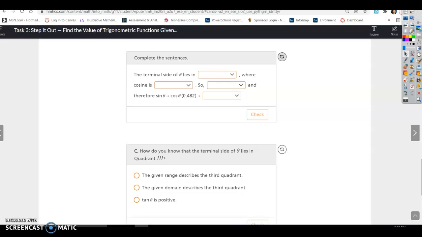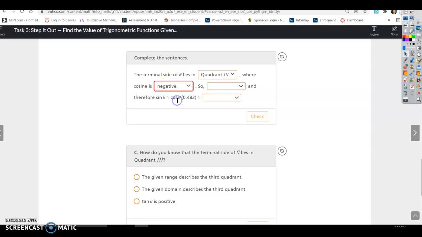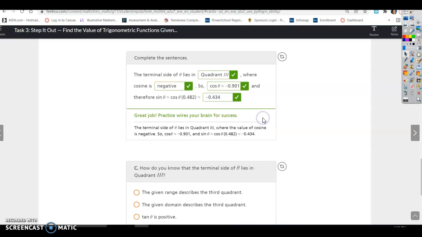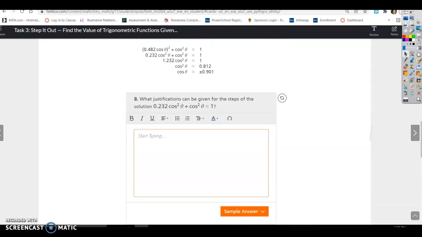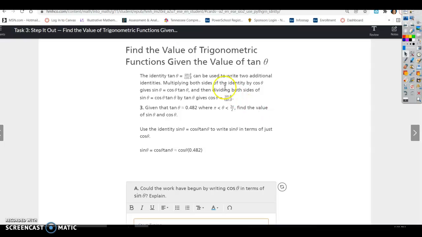All right, so the terminal side of theta lies in quadrant 3, where cosine is negative. Remember, quadrant 3 goes left and down. So cosine is negative, and therefore sine is negative. All right, and remember before that came from looking at the restriction on the domain.